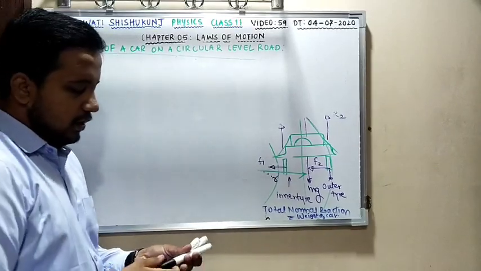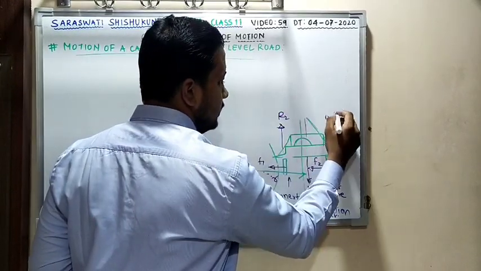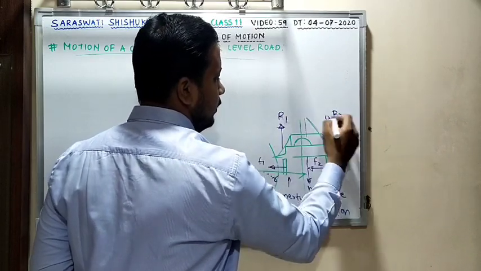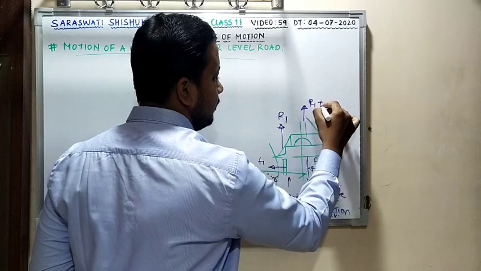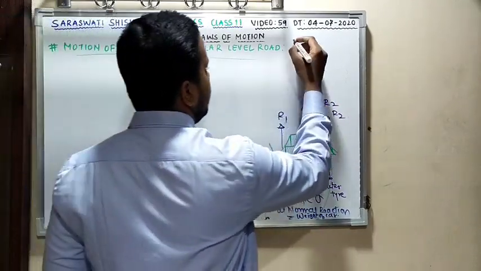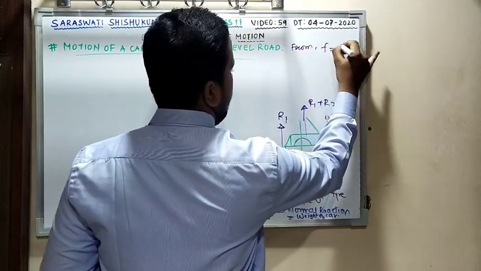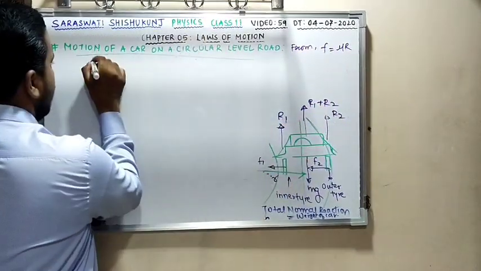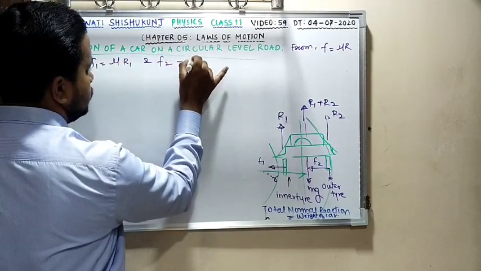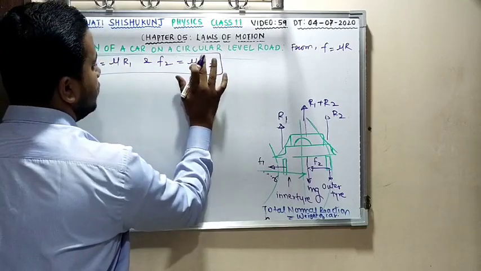Here we have R1 and R2, and in total R1 plus R2. So from F equal to mu R, I can write two things: F1 equal to mu R1 and F2 equal to mu R2. These are the two equations I have got.